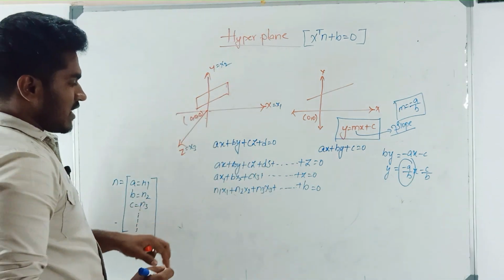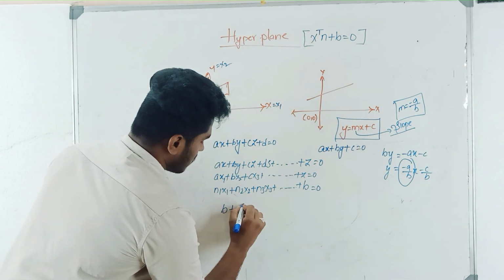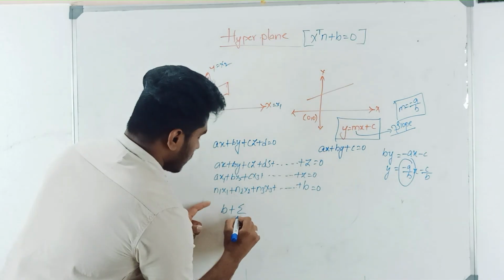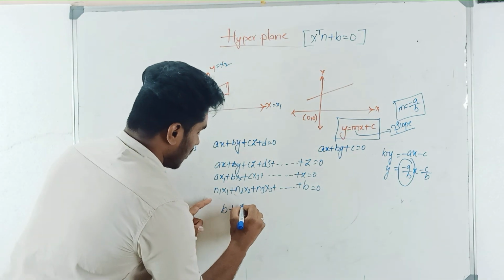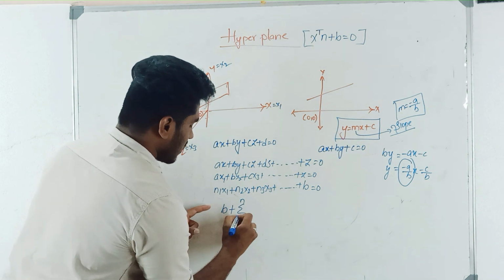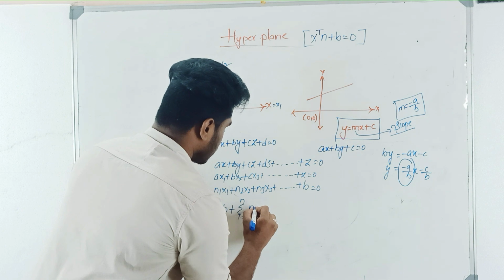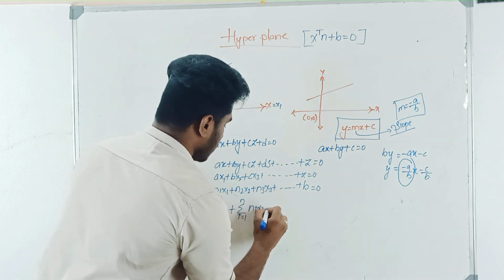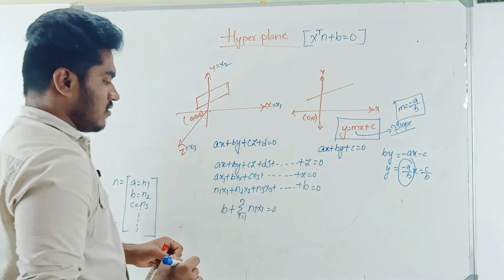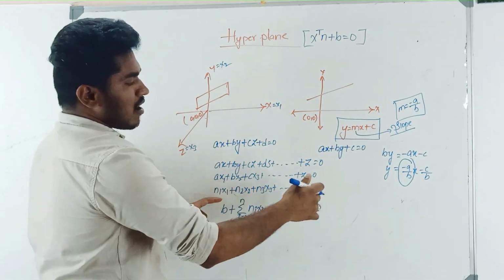So we can write this as b plus the summation of i equals 1 to n of ni xi equals 0. Here the i values range from 1 up to n.